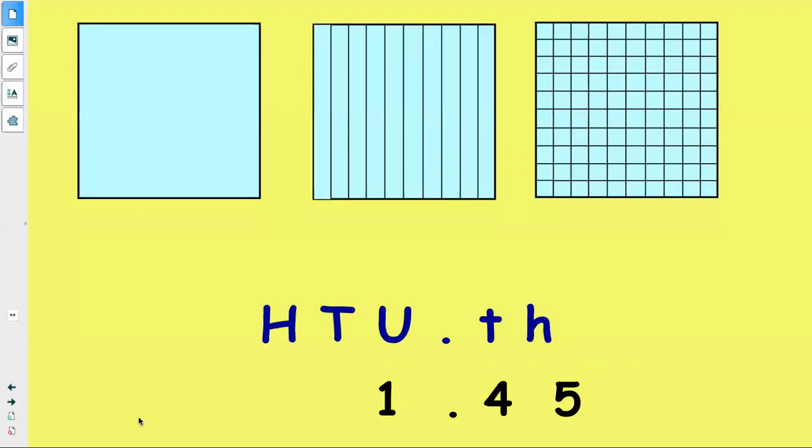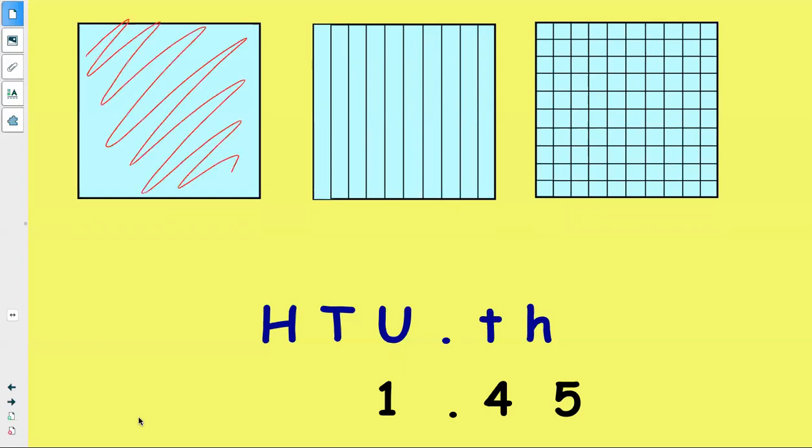Okay, so how would I represent 1.45? If I was to shade some of these in, what would it look like? 1 unit, so one of these should be shaded in. So that's that part, 1 unit. 4/10, so 4 of these would be shaded in. And 5 hundredths, so 5 of these would be shaded in.